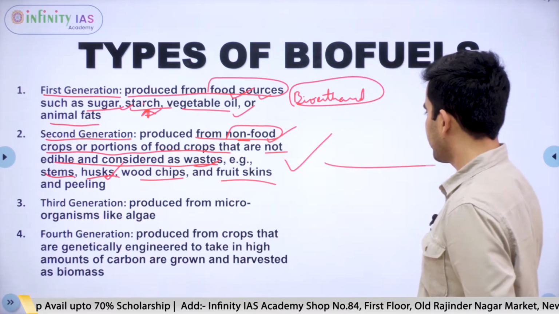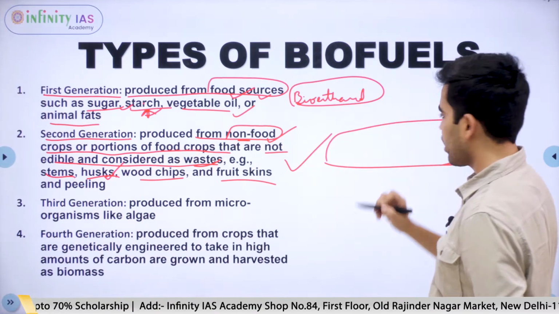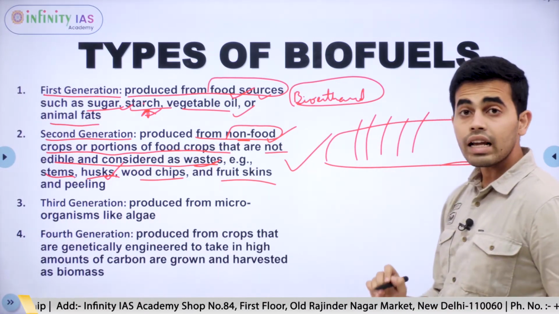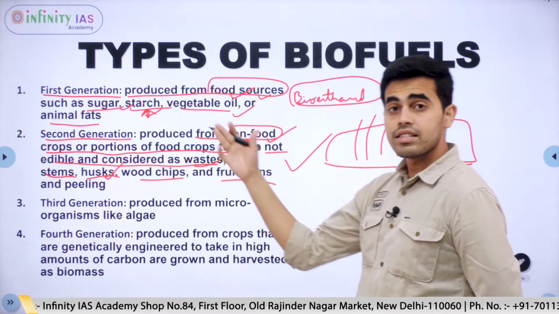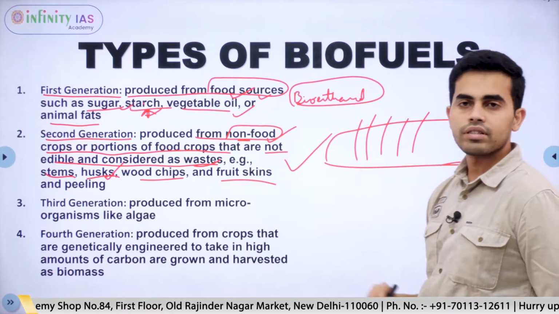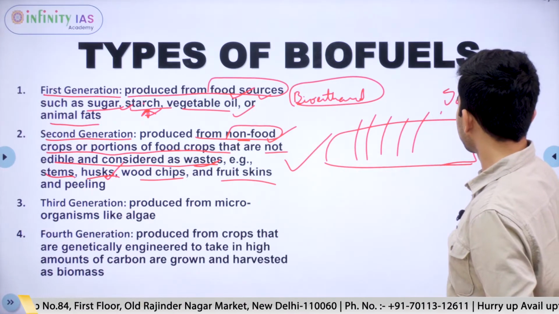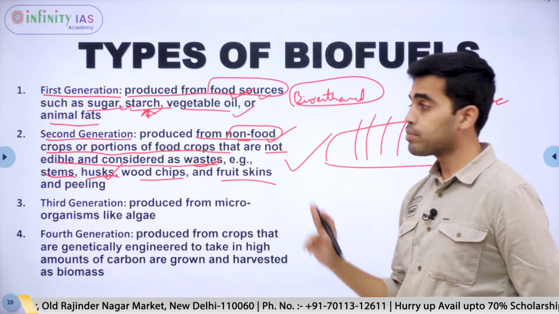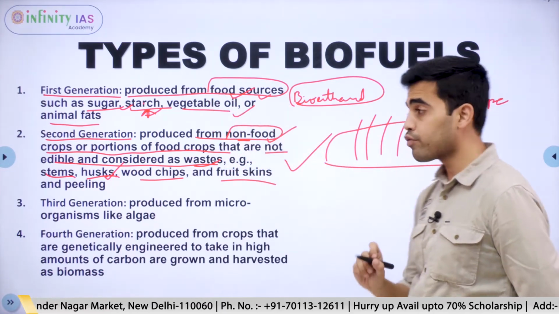That is, if there is 1 acre of land producing rice, but we have seen that second generation biofuels can be produced from a crop such as jatropha. Such crops are non-food crops but are used in production of biofuels.